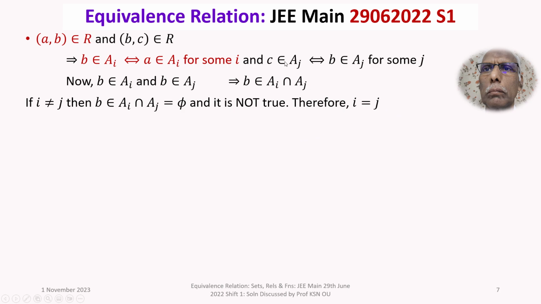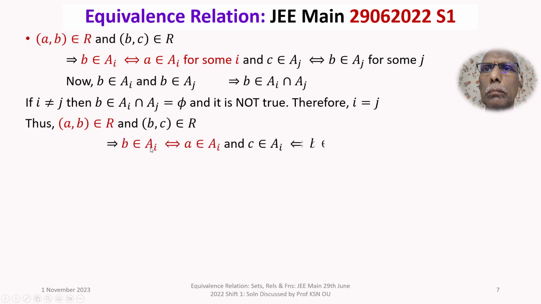So now what happens? You rewrite. That means J is not there. This will be I only. So now come back. (A, B) belongs to R and (B, C) belongs to R implies B belongs to AI if and only if A belongs to AI, and C belongs to AI if and only if B belongs to AI.